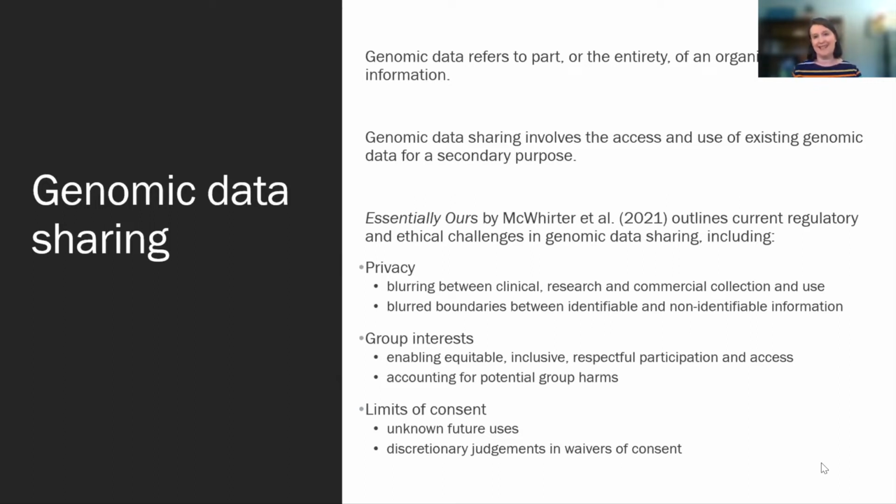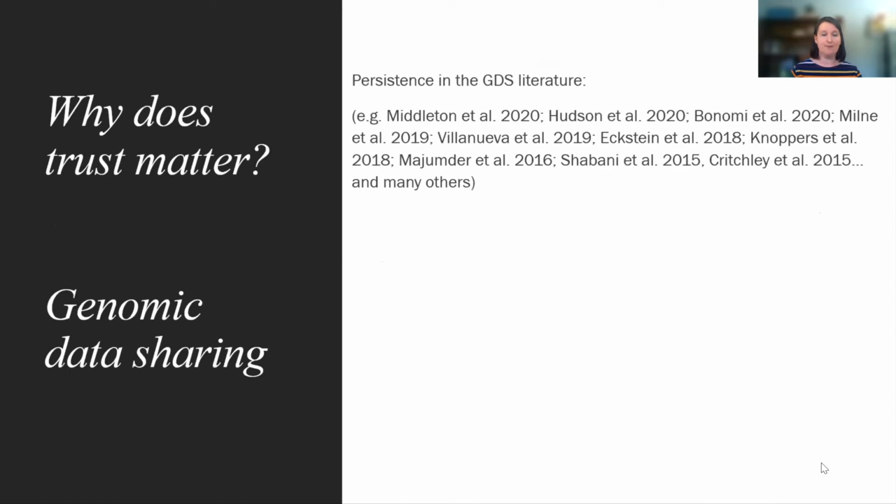How elastic is consent, is broad consent, is dynamic consent in these circumstances? And this is particularly intensified when we're talking about discretionary judgment in granting access to genomic data through a waiver of consent. And there are implications here potentially for public and participant trust.